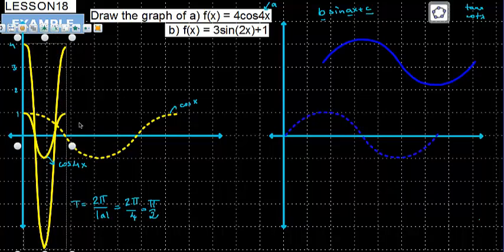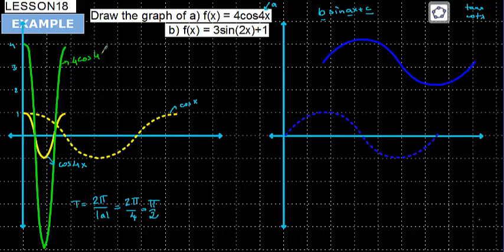And I'm going to show this one with a different color, like green. Now I'm going to use the pen as green, and the green one is cosine 4x is going to be.